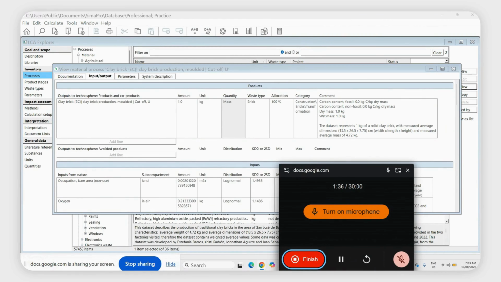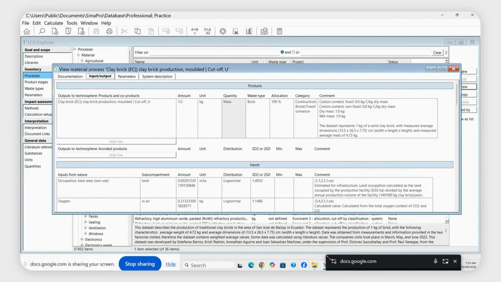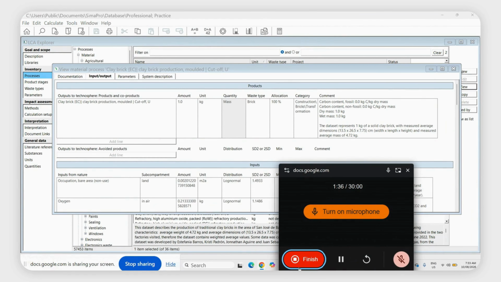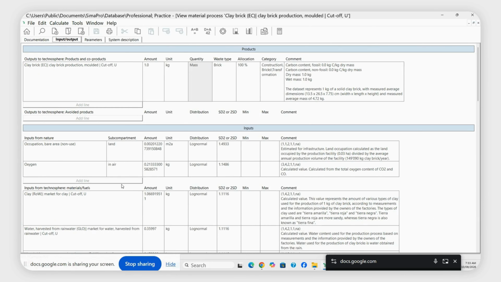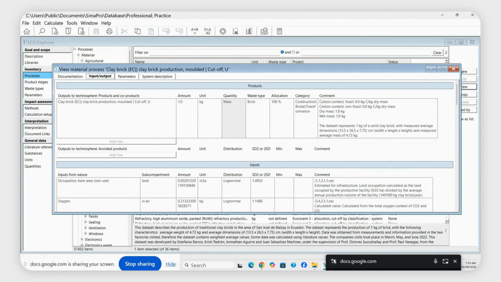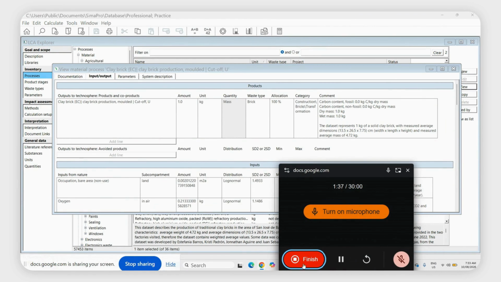So even though the infrastructure is a large, long-term asset, its environmental burden can be converted into the same functional unit as the rest of our LCA model. And that is how SimaPro incorporates infrastructure into the final environmental impact of 1 kilogram of brick production.